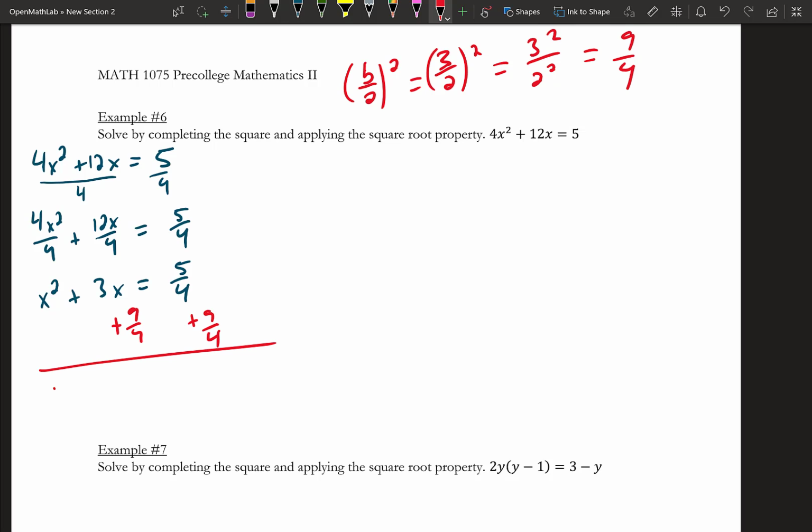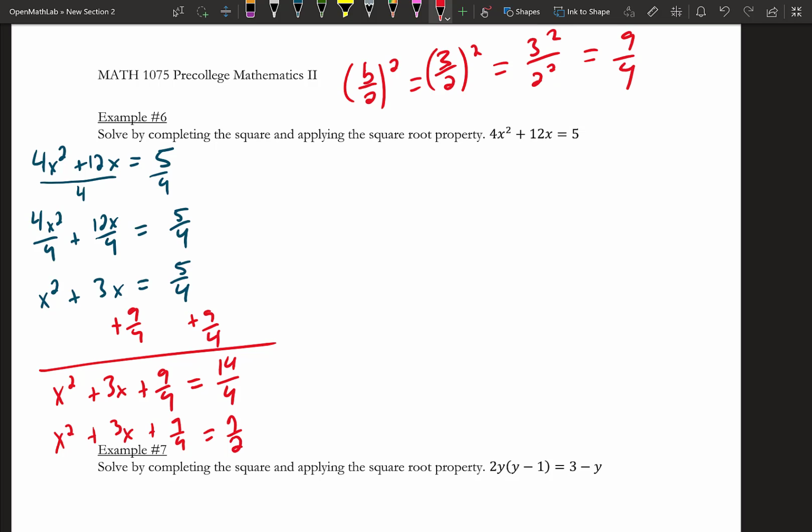So I get x squared plus 3x plus 9/4 equals, and then 5 plus 9 is 14, so this would be 14/4. And then that can simplify to be 7/2. I can divide top and bottom by 2.